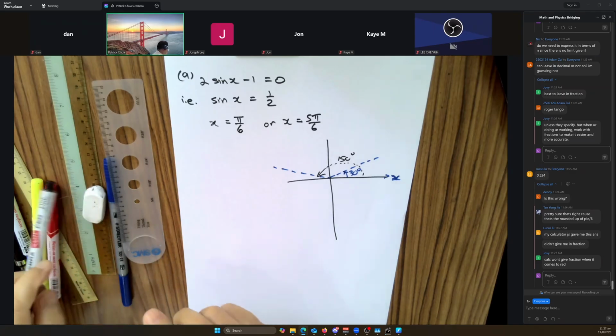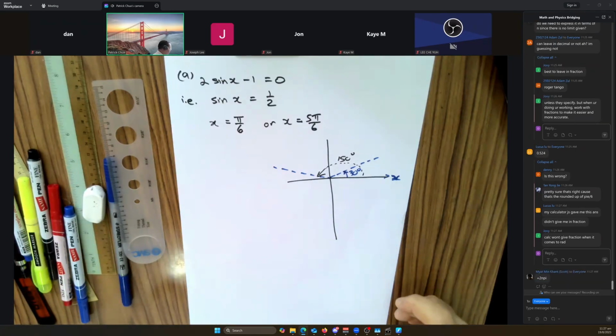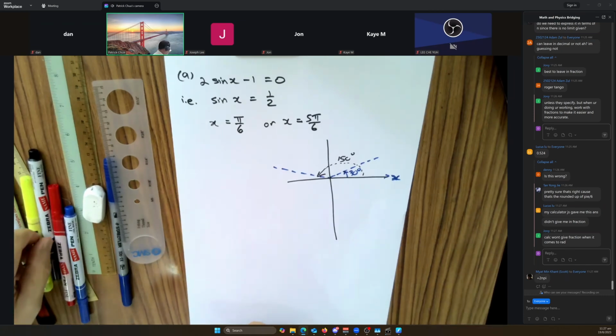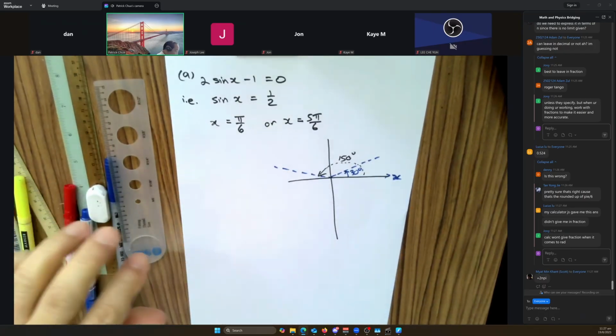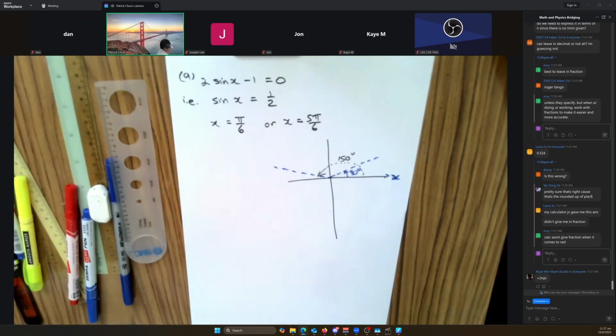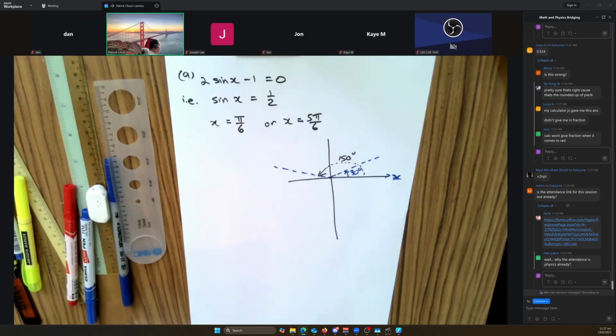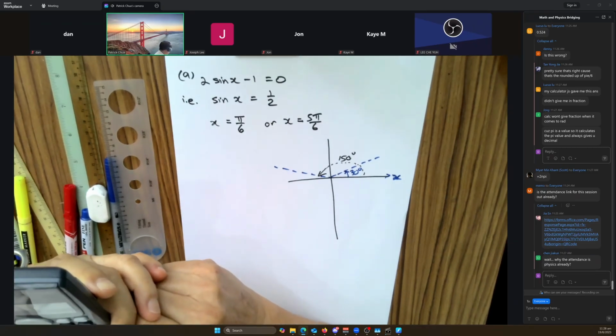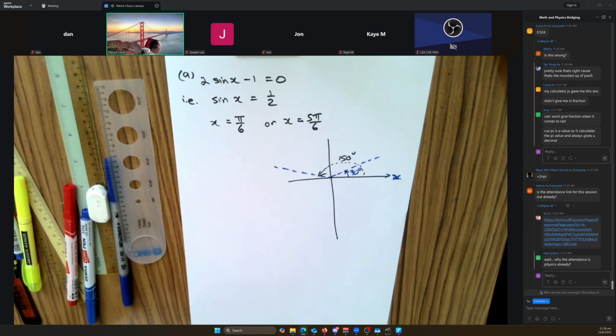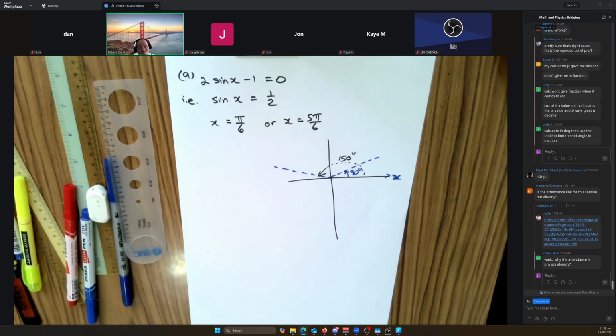Now don't forget, you can use your calculator. Key in sine 30 degrees, it gives you half. Sine of 150 degrees also gives you half. Now key in sine of 390 degrees, it also gives you half.